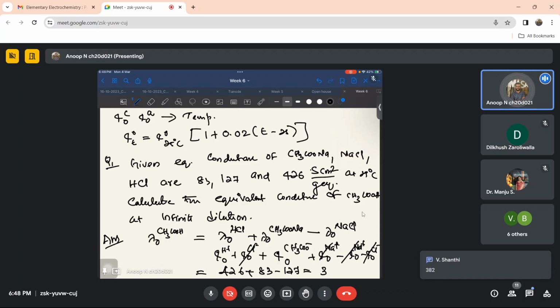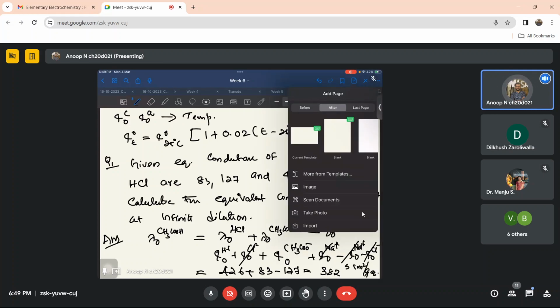You should always specify the unit: Siemens centimeter squared per gram equivalent. Fine.